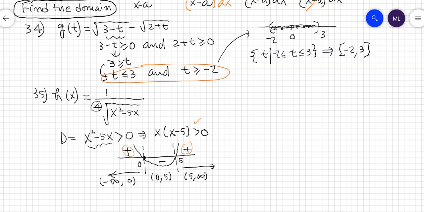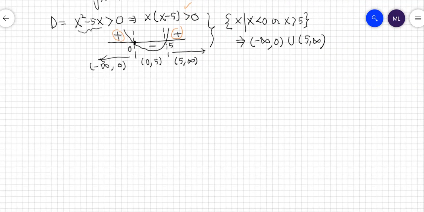So the solution in inequality notation is x is less than 0. Oops, not equal to. Just less than 0. Or x is greater than 5. Interval notation, negative infinity to 0, union 5 to infinity. Okay, that is 35.